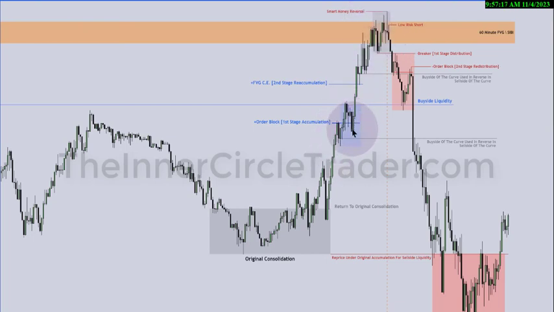The down close candle is traded to here. So there's your entry for a first stage accumulation, or it would be second stage reaccumulation if you use this as your first entry. So again, just make sure you understand that. Sometimes you will only have one point of accumulation and not have a return to original consolidation.